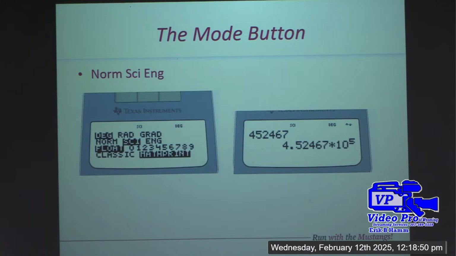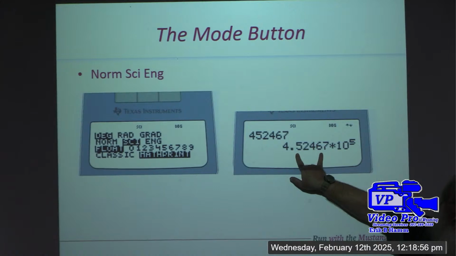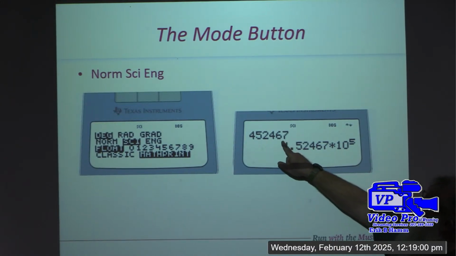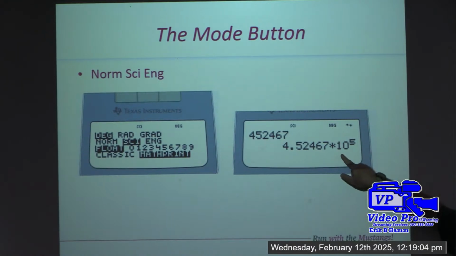It's going to put it in scientific notation. And remember, in scientific notation the first number is between 1 and 10, and then we have our powers of 10. It moved the decimal point 1, 2, 3, 4, 5 places, and left that as 4.5 times 10 to the 5th power. And so that's that mode.